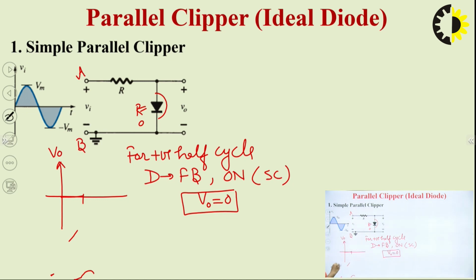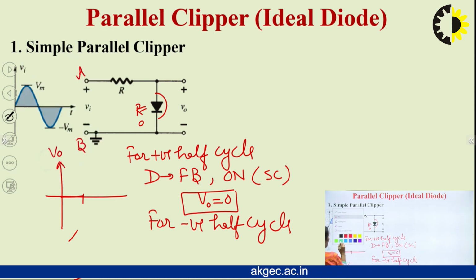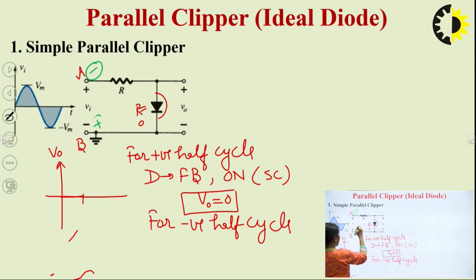Now coming to the negative half cycle, terminal A will be at negative potential and B will be at positive. This positive will make your diode reverse bias, because positive is connected to the cathode of the diode.